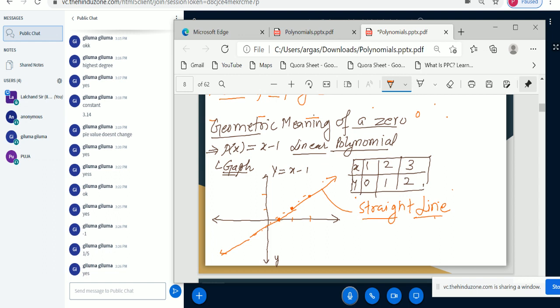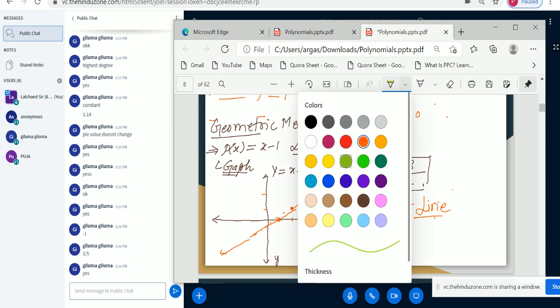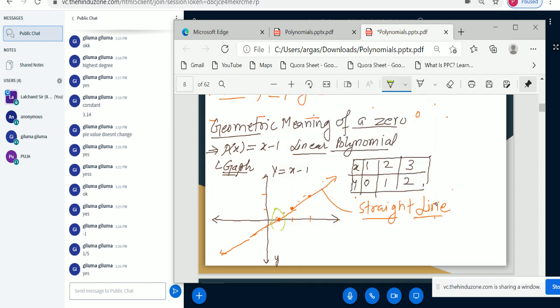So here, if I look, this plot of the polynomial is intersecting with the x-axis. So the geometric meaning of zero simply means the values of x at which the plot of a polynomial is intersecting with the x-axis.